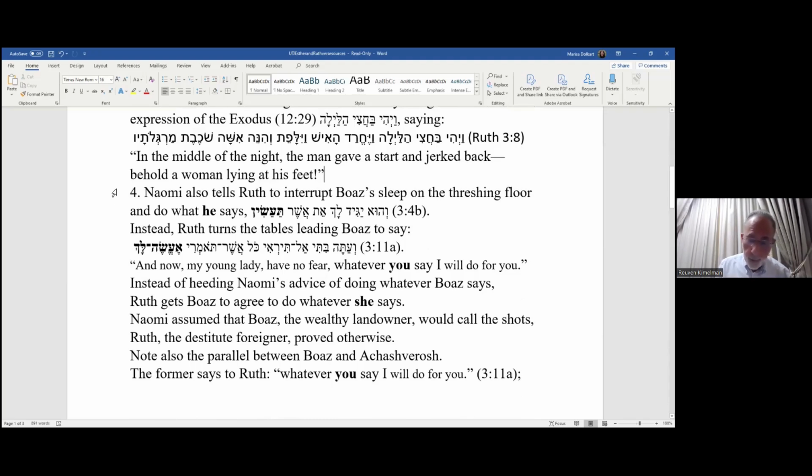Both stories also have a potential spoiler: Haman in the book of Esther, Tov in the book of Ruth. In both cases, the man in control, Achashverosh and Boaz, resolves the issue by disposing of the spoiler. Haman and Esther, Tov and Ruth. Even Vashti and Orpah have their parallels.